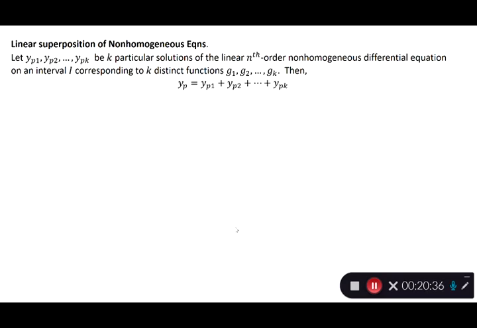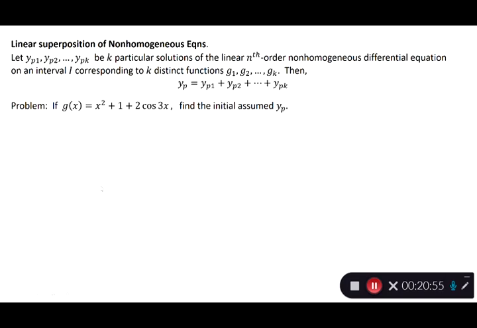Then yp equals yp1 plus yp2 plus through ypk. All right. Clear as mud. Nah, it's not really that complicated.